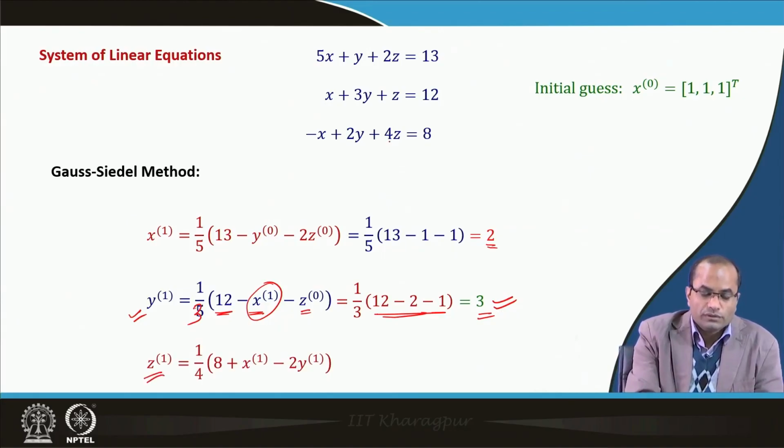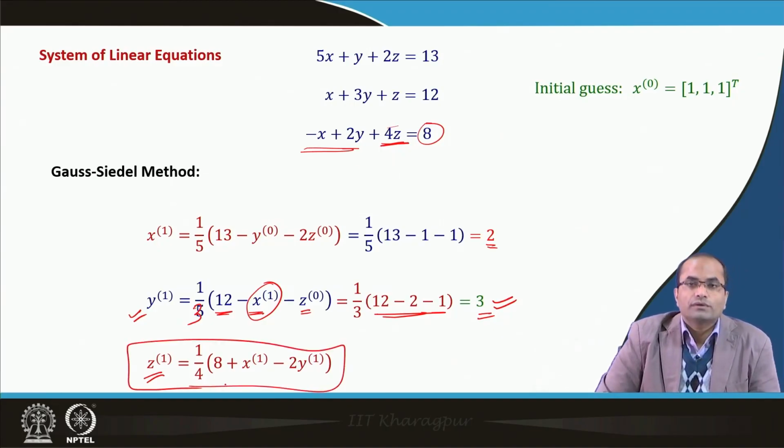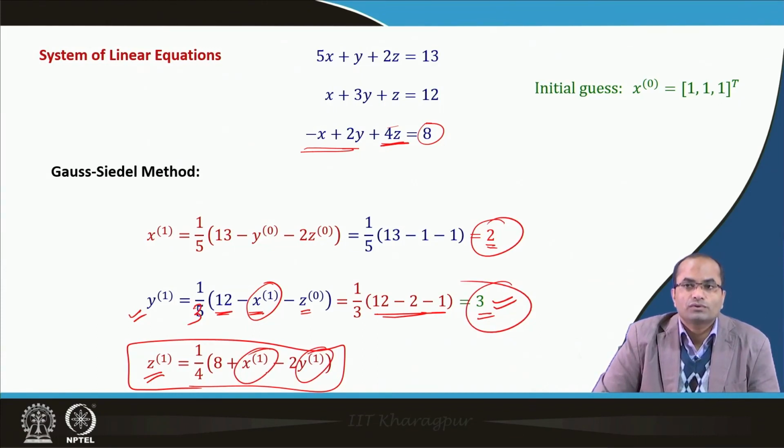Coming to the third equation. So, we will naturally get this 4 z equal to 8 minus or plus this x and minus 2 y, and then this 4 we will divide. So, this will be the setup for the iteration scheme, and now x 1 is available and also y 1 is available.